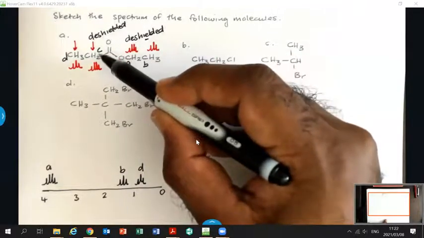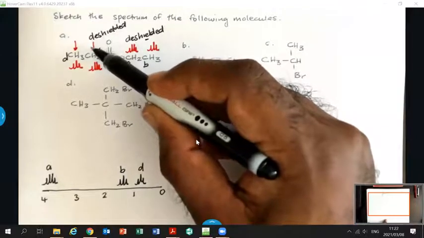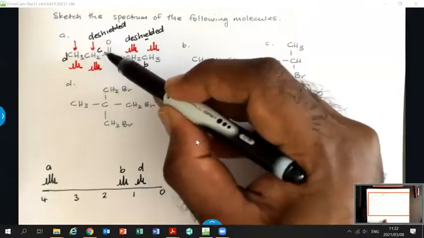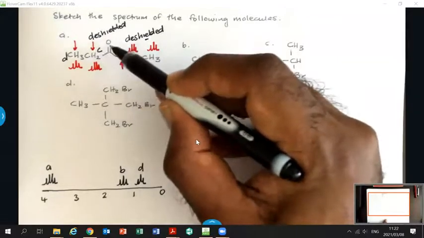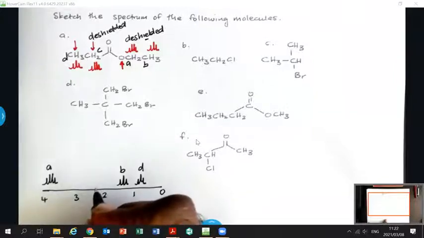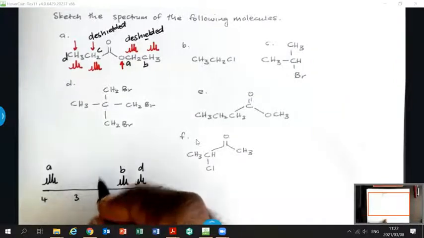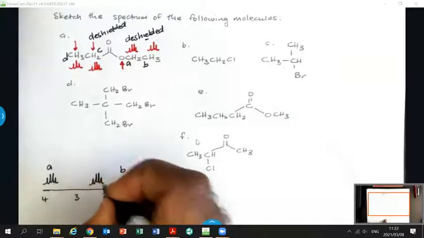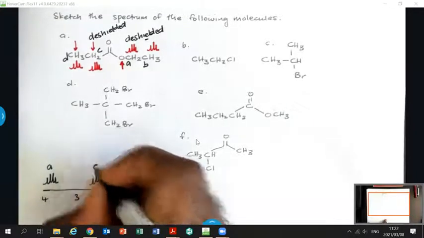The C has the hydrogen bonded to the oxygen 3 bonds away. Hydrogen, carbon, carbon, oxygen. That's 3 bonds away. So it's not going to be as deshielded as 4. It occurs somewhere around 2.1, 2.2 here, and that's going to be my C.